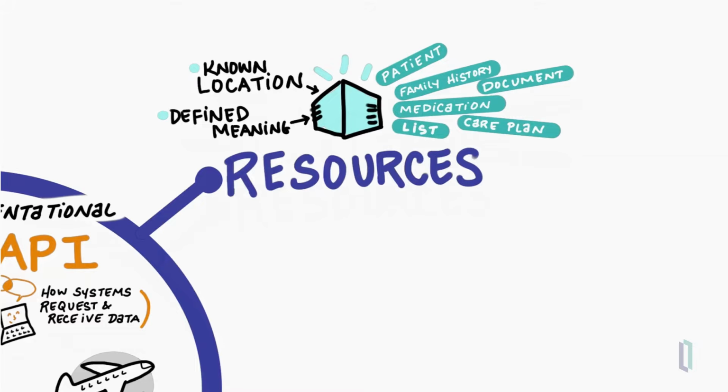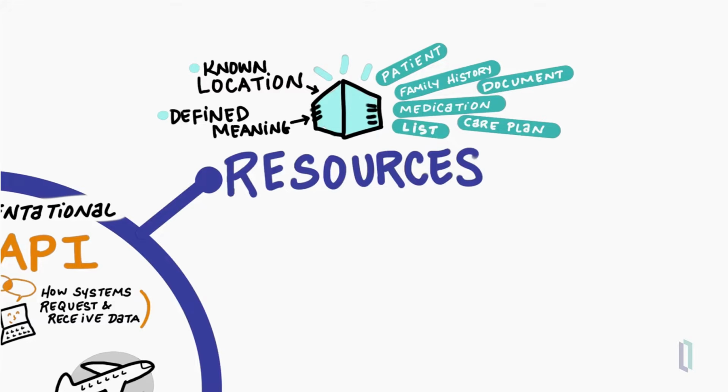So, for example, a patient has a given name, a family name, a date of birth, a gender, and so forth. All of the data elements that are necessary to describe that data concept, that resource, which in this case is a patient.